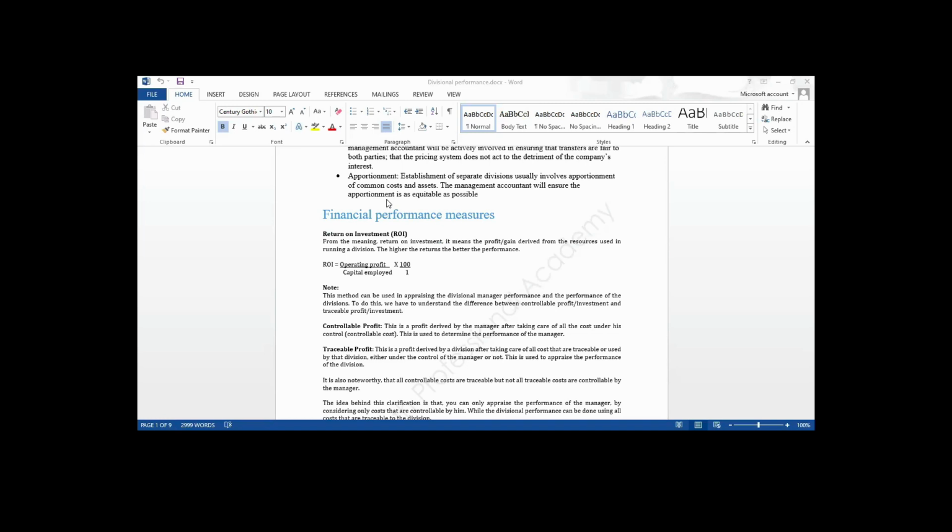Please note, this method can be used in appraising divisional manager performance and the performance of the division. Now, there are two things. Division is an entity now. You can now assess the division's performance. You can also assess the individual manager's performance.